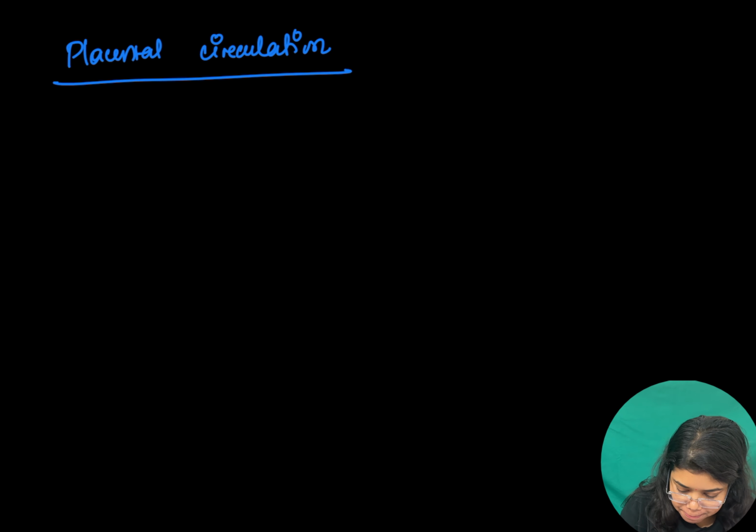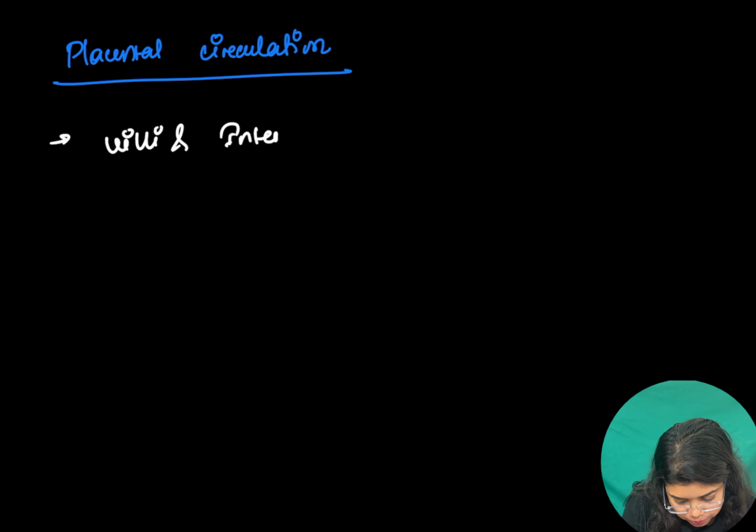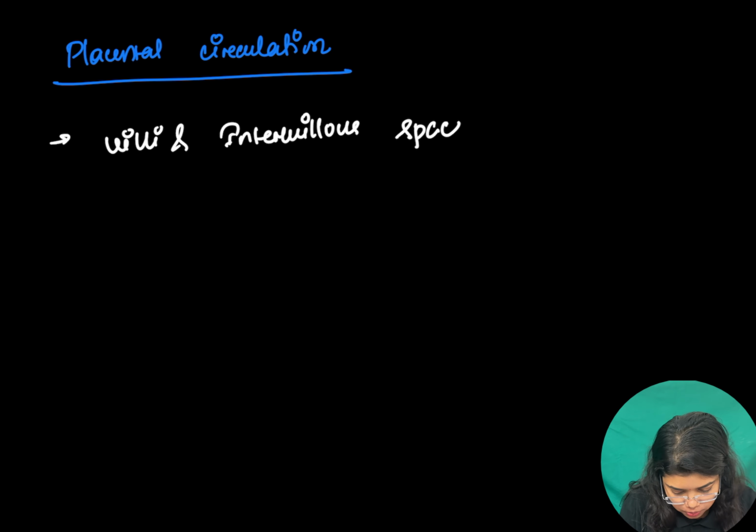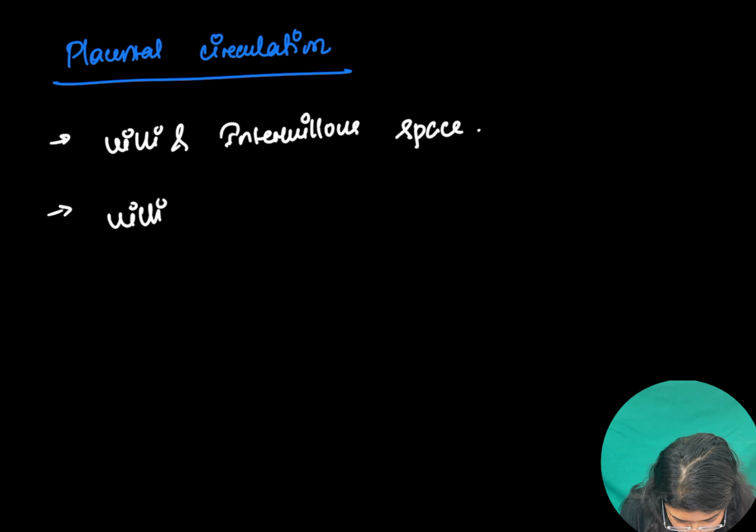So placental barrier I've told you. Then about the placental circulation. The placenta has villi and intervillous space, and villi carry fetal blood.